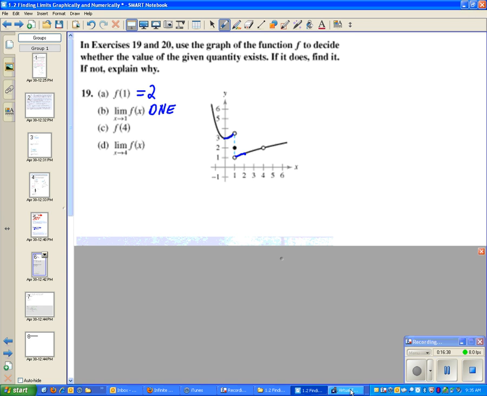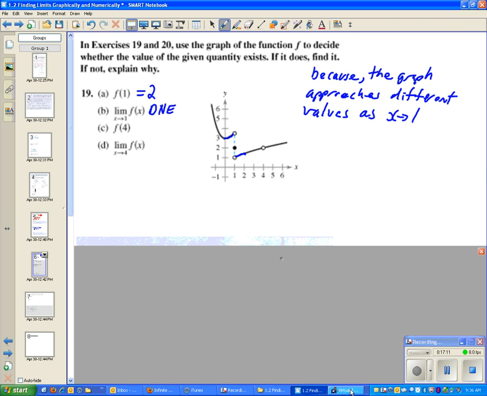I guess I'll put the reason up here, because the graph approaches different values as x approaches 1.